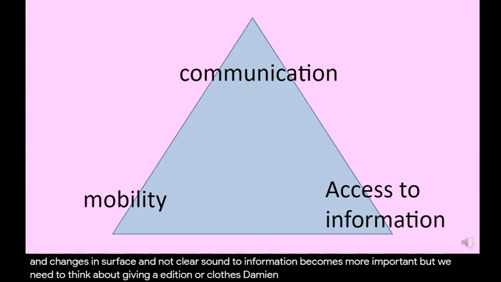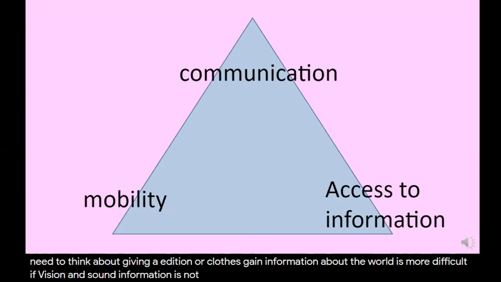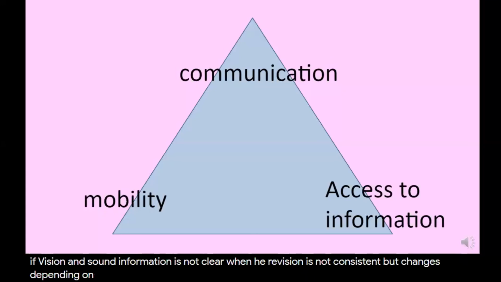Gaining information about the world is more difficult if vision and sound information is not clear. When hearing and vision are not consistent but change depending on tiredness, the light, the environment, it can be hard to access information and make sense of the world.